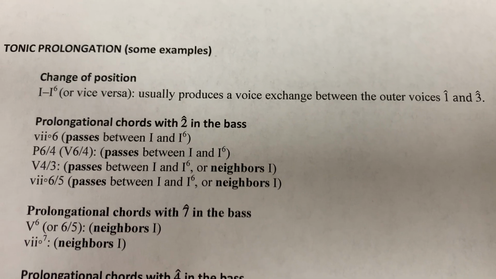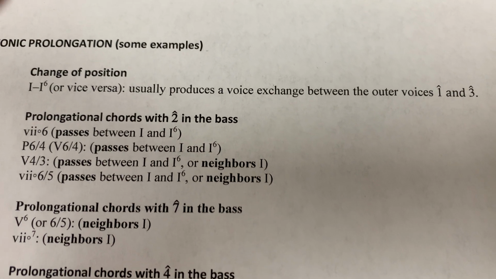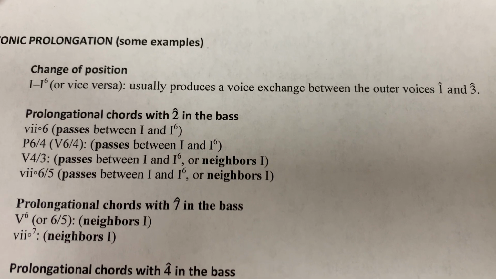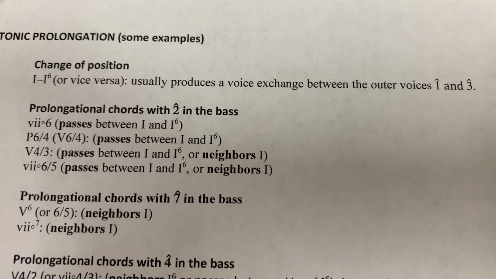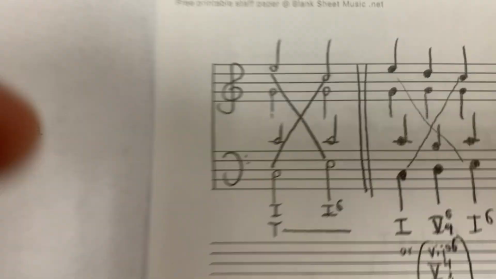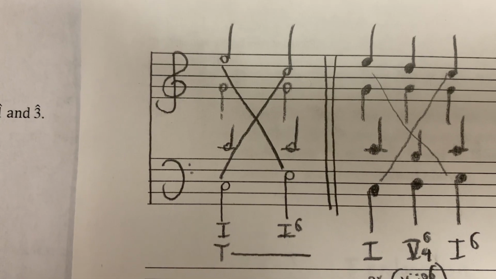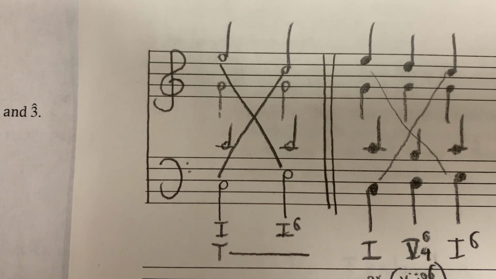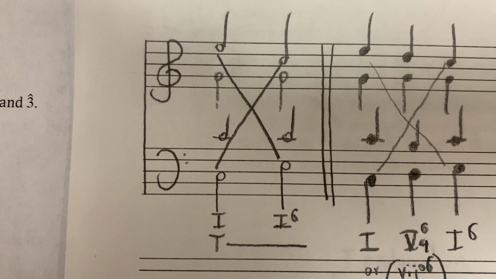One obvious way to prolong the tonic is simply to change position, for example, to go from 1 to 1/6. Basically what's happening here is the bass is leaping and outlining a consonant interval. Here's your basic template for this, the first example right here, 1 to 1/6. What often occurs in this progression is a voice exchange that I've marked with the lines there.